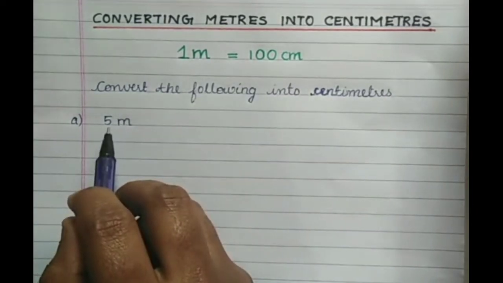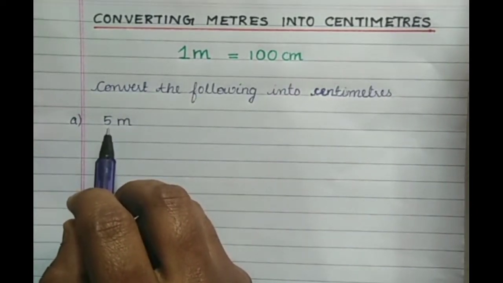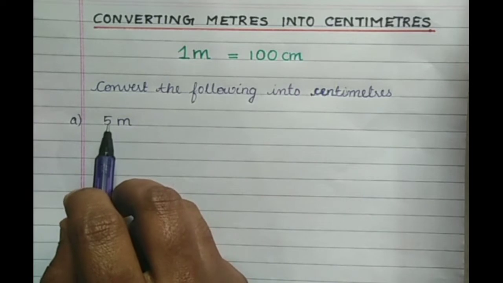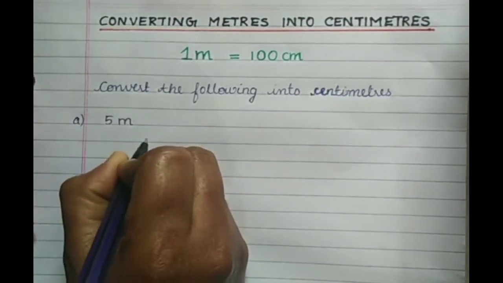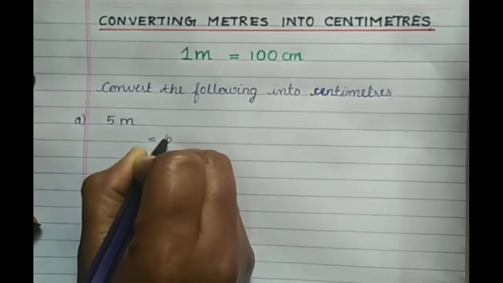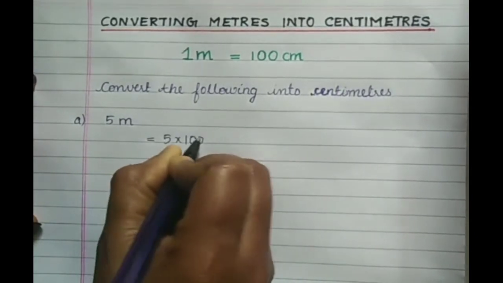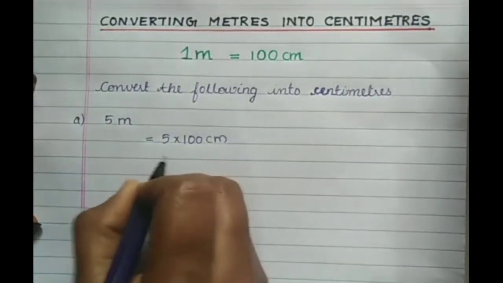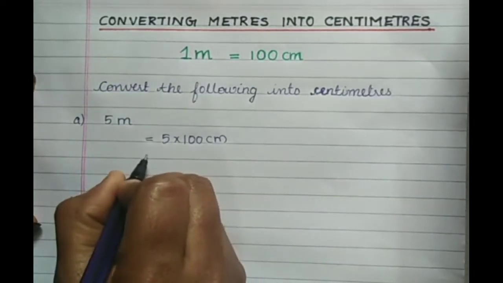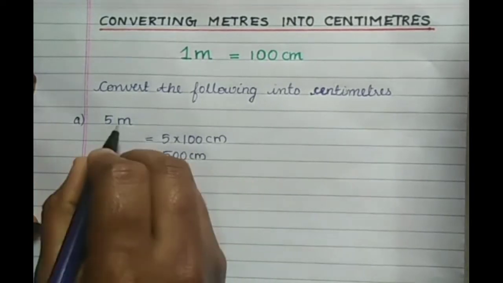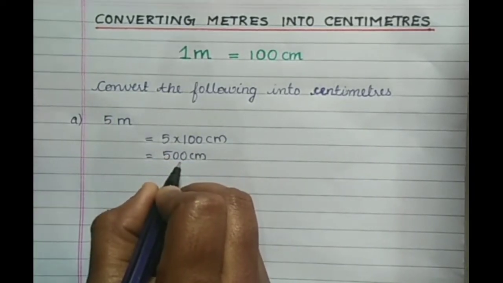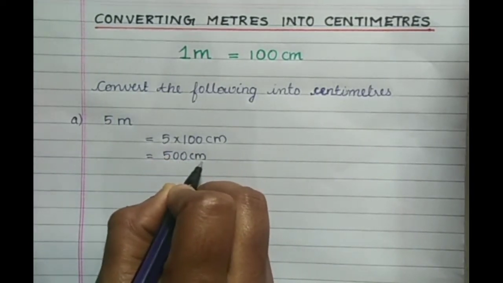Here we have 5 meters. So to convert 5 meters into centimeters, we should multiply the number 5 by 100. So we can multiply 5 into 100 centimeter. We know that 5 into 100, the answer is, yes, 500 centimeters. So 5 meters is equal to, yes, 500 centimeters.